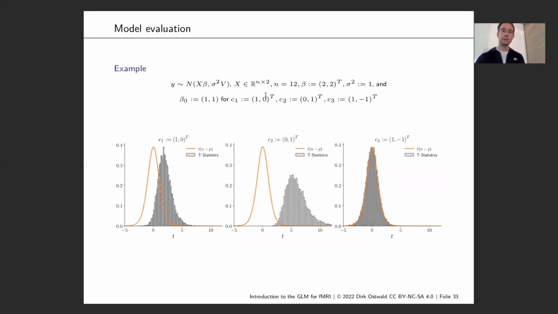So in the first scenario, our first estimate will always vary around 2, as you can see here, but we tested against this contrast value of 1, and then we always have 2 minus 1, so we get t values here around 1.